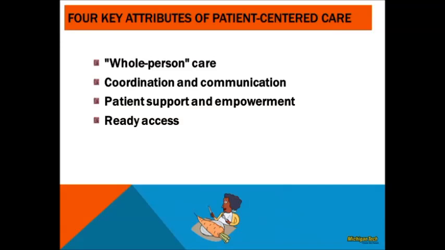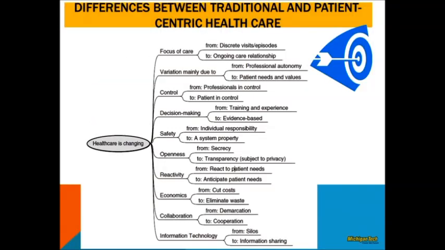So this kind of change from the past model to the patient-centered model is what makes the health information system change. In fact, this kind of change has been listed by some people. They just organized them. First, the focus of the care is changed from the discrete visit to an ongoing care relationship.